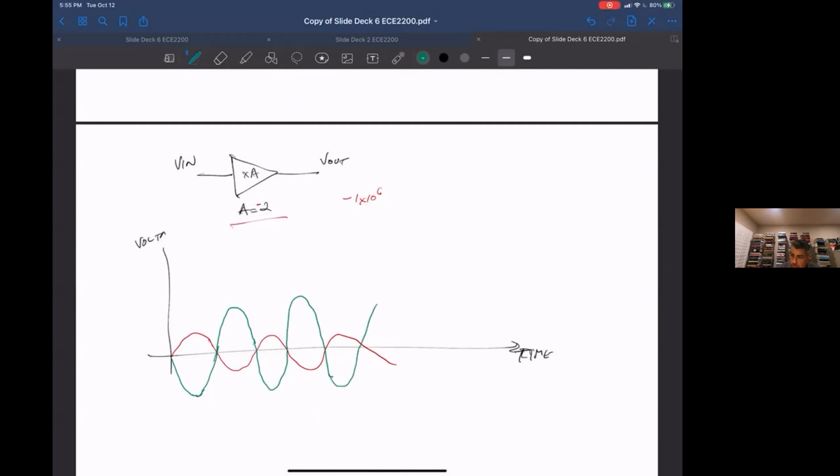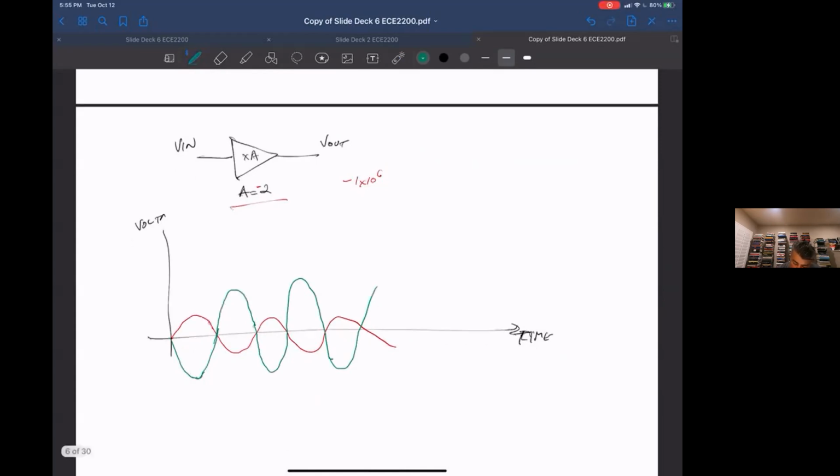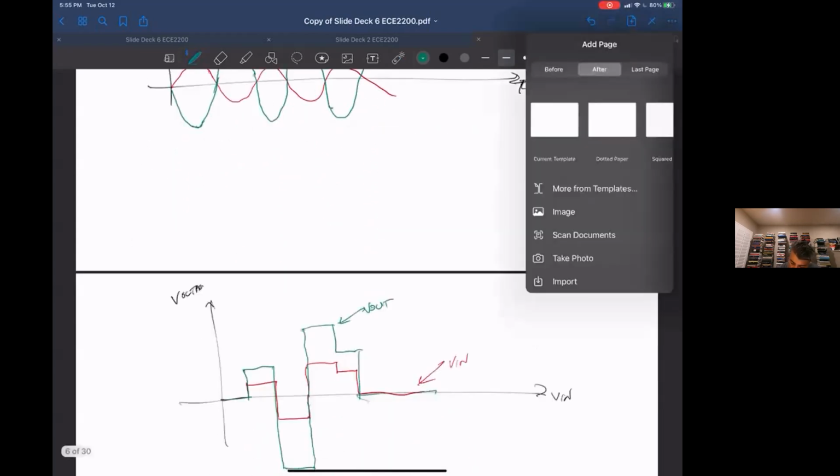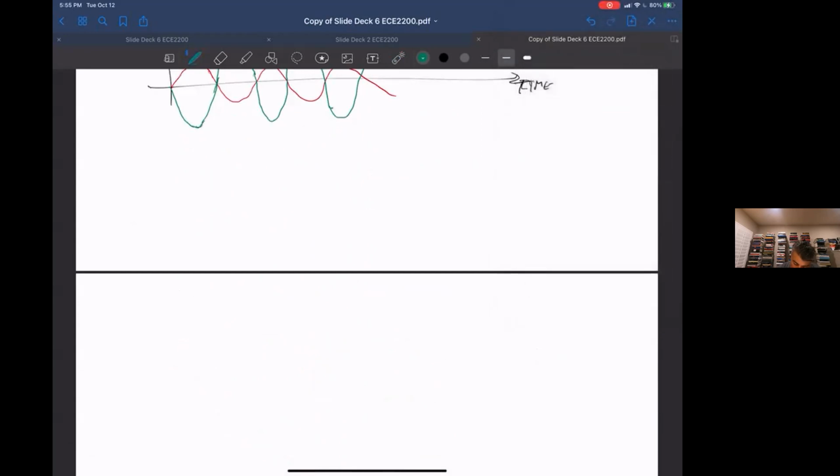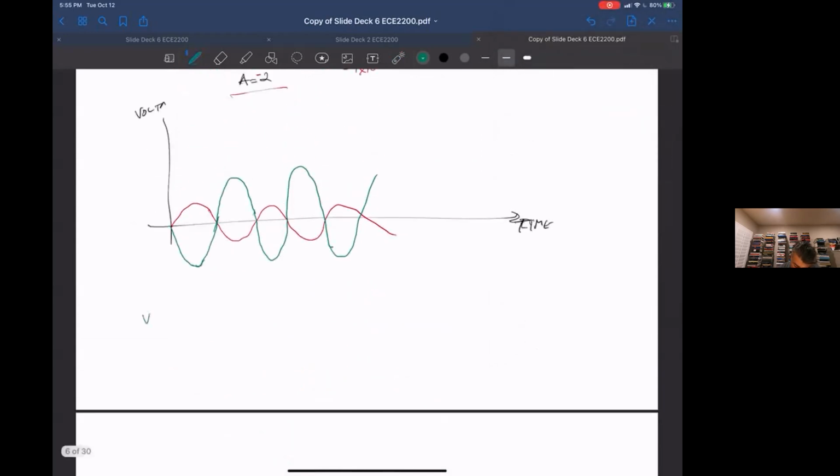And so for circuit designers, this is different than attenuation.